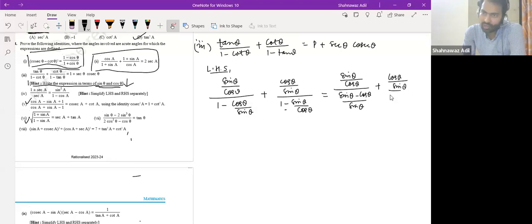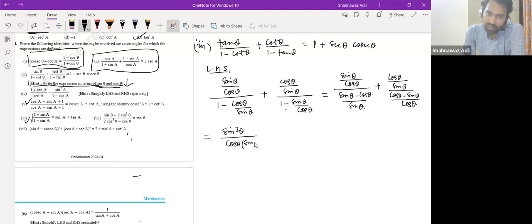And then this is cos theta minus sine theta. Then we have this cos theta, so this guy goes over here and this guy on the top. So we have sine square theta divided by cos theta into sine theta minus cos theta.